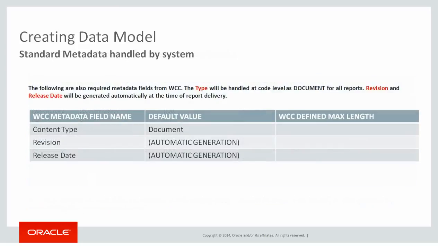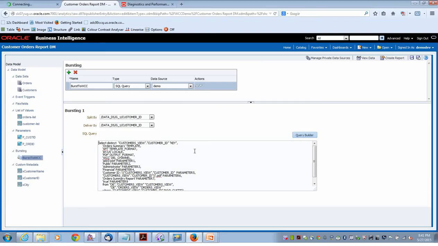Then we have certain metadata which gets generated automatically, or is taken care of by the application. For example, content type is always document, and revision and release date are automatically generated. So they are not exposed in the bursting query. So we go back to the environment and look at the bursting query.